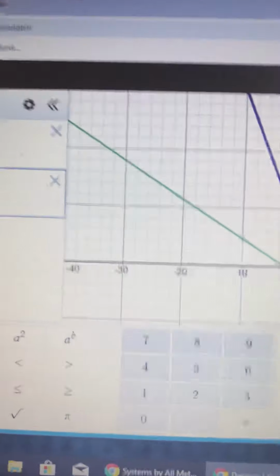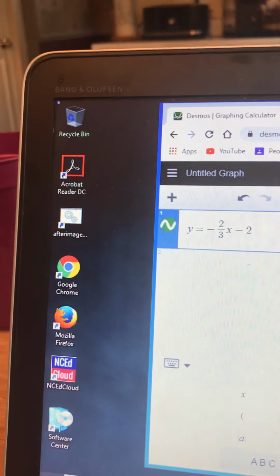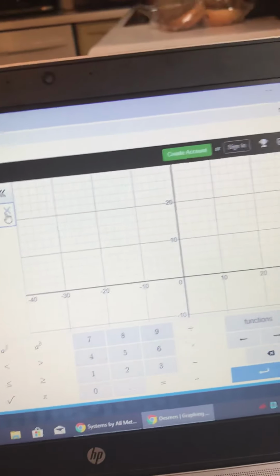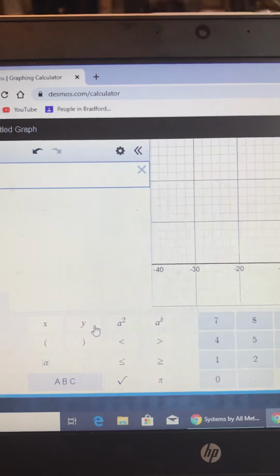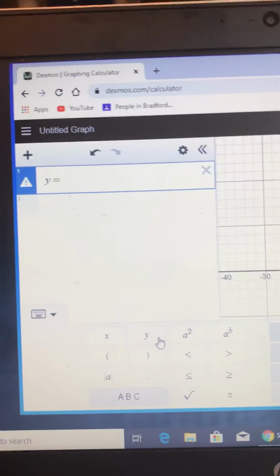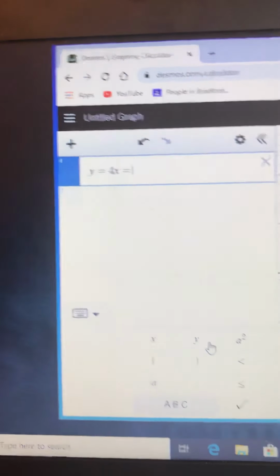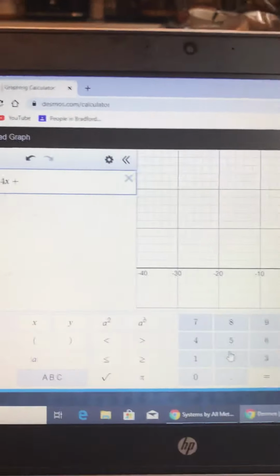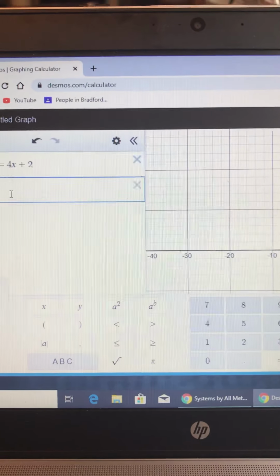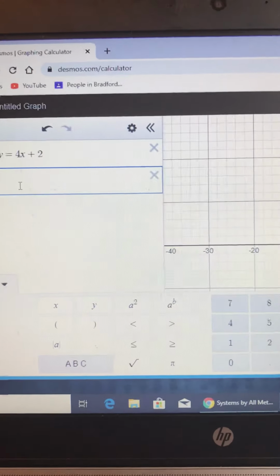So, for instance, let's try one with no solution. Our first system is y equals 4x plus 2, and the second is y equals 4x minus 5.